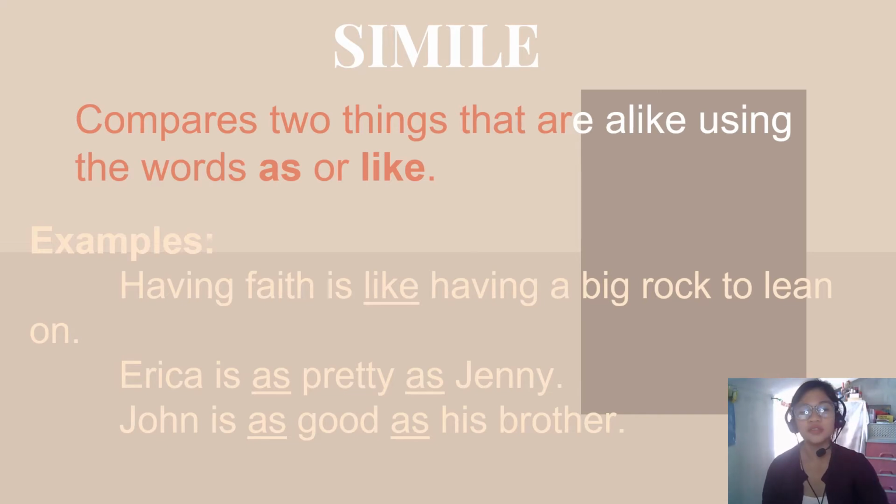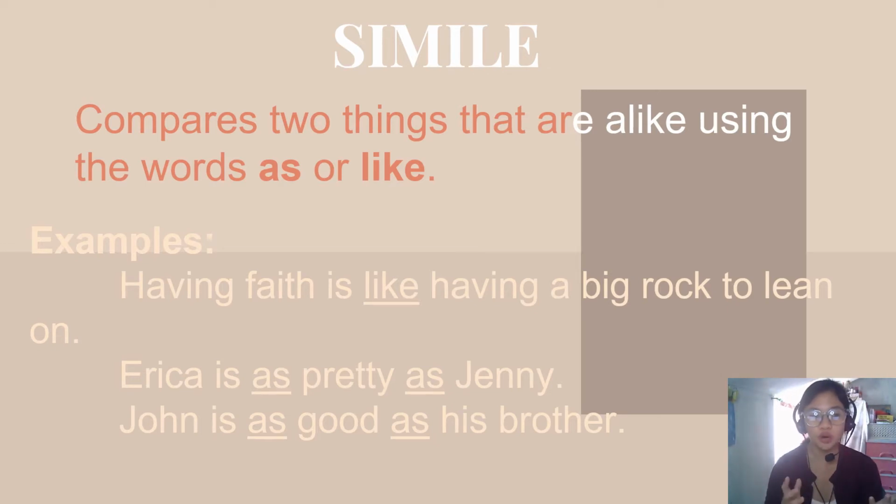As you can see, I compared two things in the first example. I compared faith to a big rock, and I used like to compare the two. The second example is Erica is as pretty as Jenny. I compared Erica to Jenny, that they are both pretty.